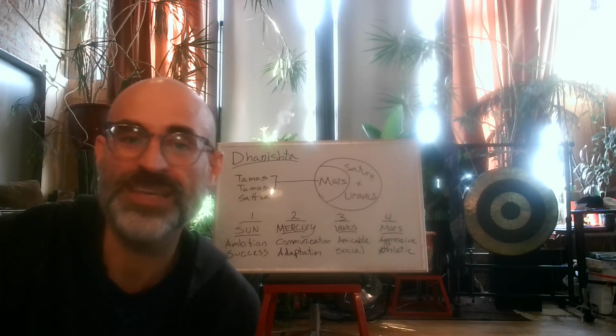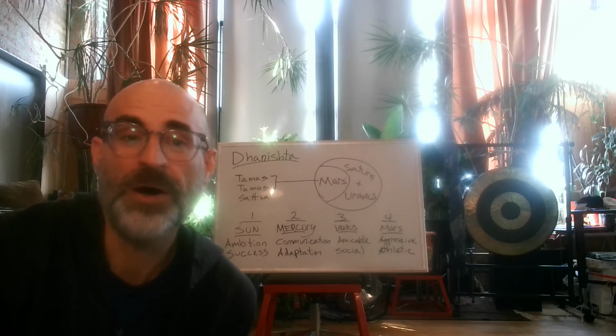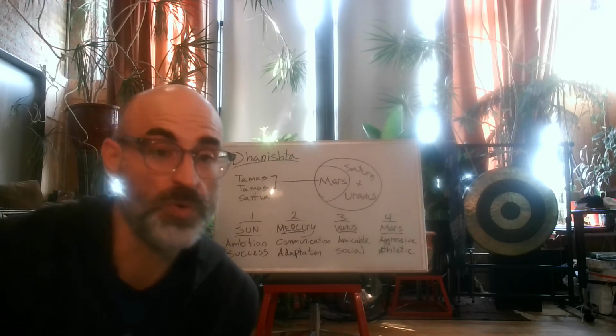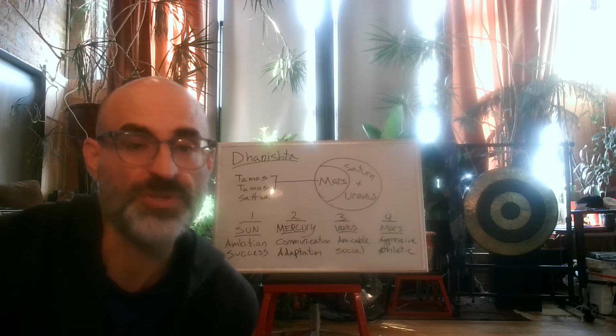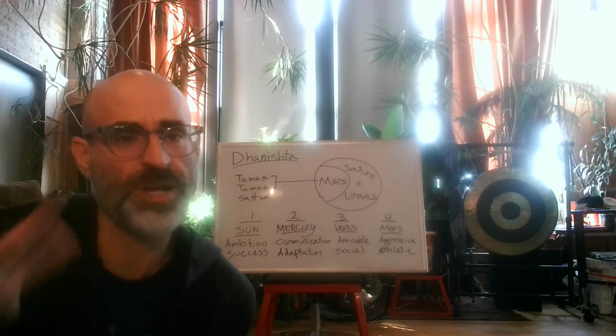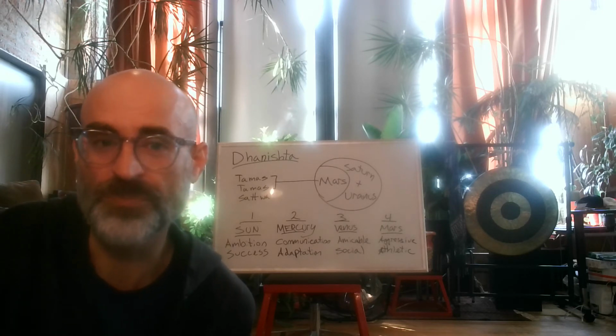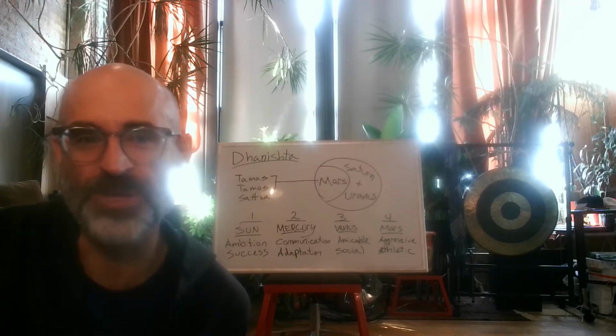Now, the other interesting thing is a lot of these gods actually are similar gods to essentially the rulership of other nakshatras. So what we're seeing of Danishta is actually kind of an amalgamation or a combination of, I use the term conglomerate, and I'm really flexing my vocabulary here.